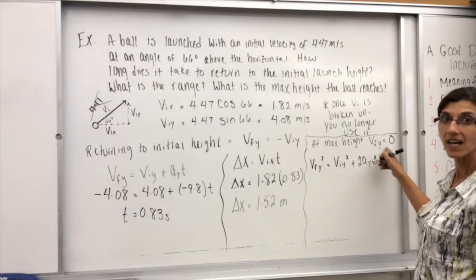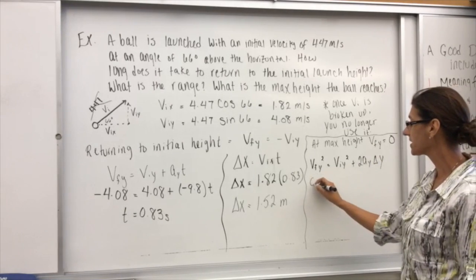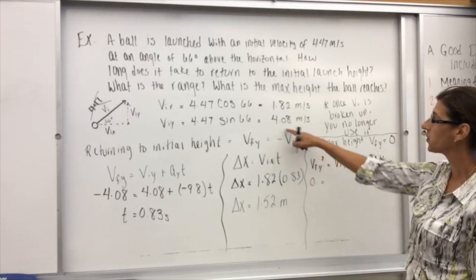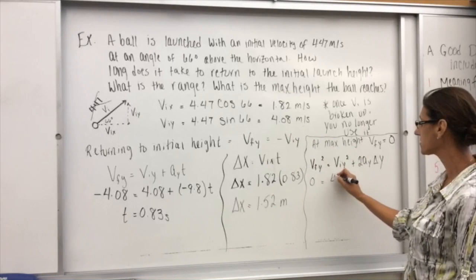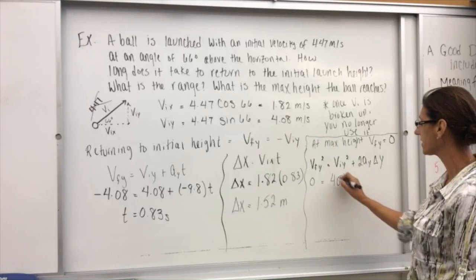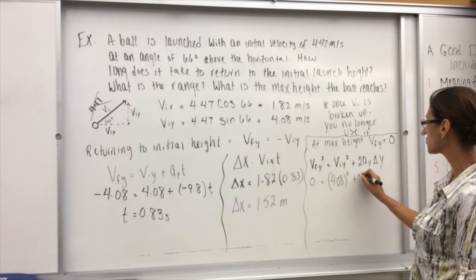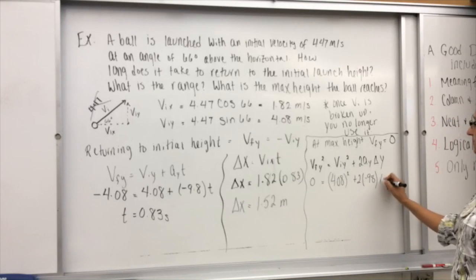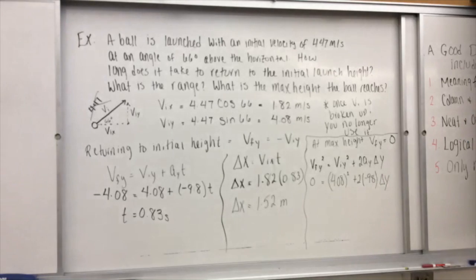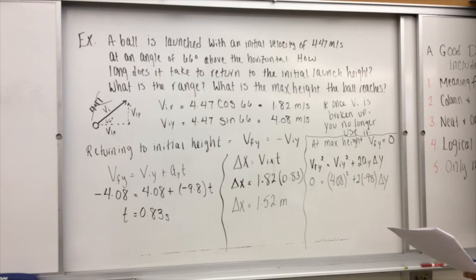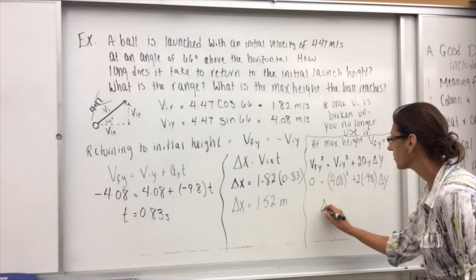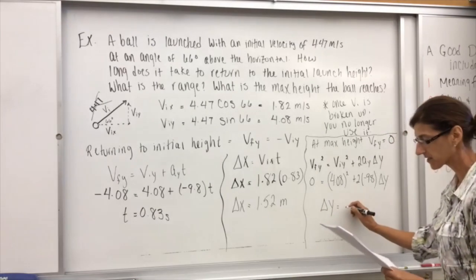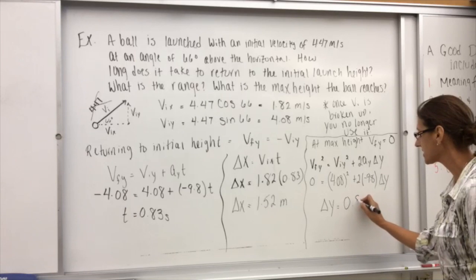Since my max height v final is 0, I'm going to plug in 0 here. My v initial y is 4.08, so 0 equals 4.08 squared plus 2 times negative 9.8 times delta y, and I'm solving for delta y. And when I plug this in, I get for delta y 0.849.